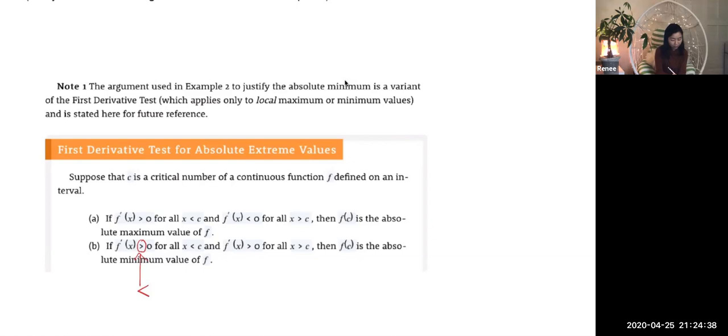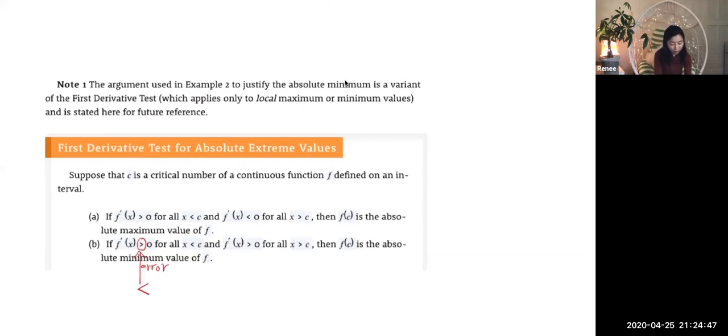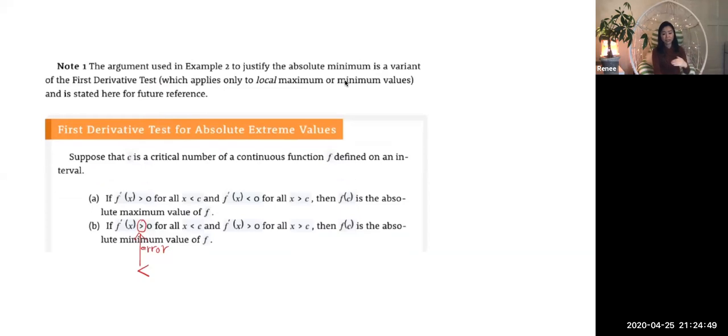That was a typo right there. So when the first derivative is negative on the left, the function is decreasing on the left, and then it is positive on the right, so the function is increasing on the right. Then the function value down here, decreasing then increasing, is going to be the absolute minimum, okay?